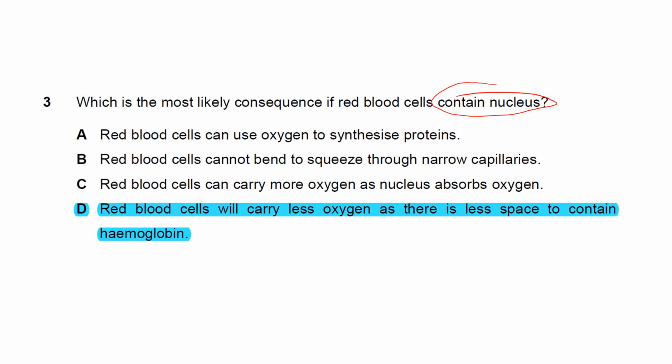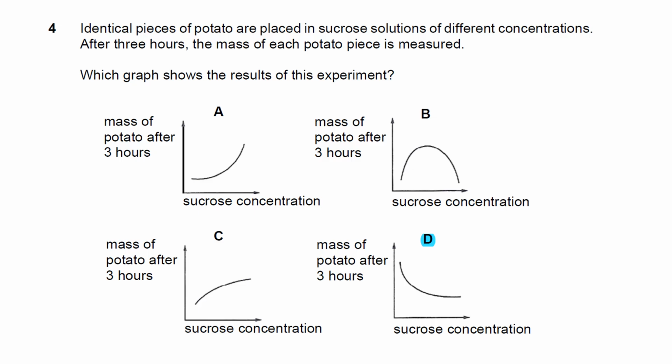However, with nucleus, the oxygen carrying capacity will decrease. Of course, with the nucleus taking up space, there will be less space to contain hemoglobin and therefore to transport oxygen. So option D is the correct answer. Okay, the rest are not.